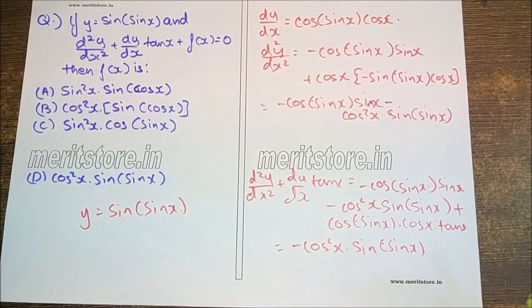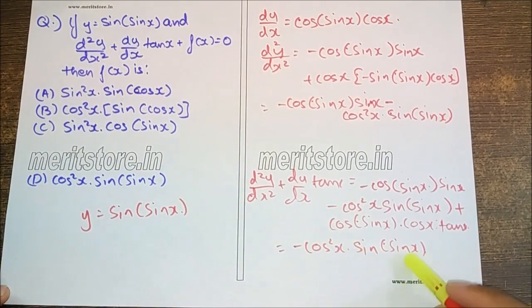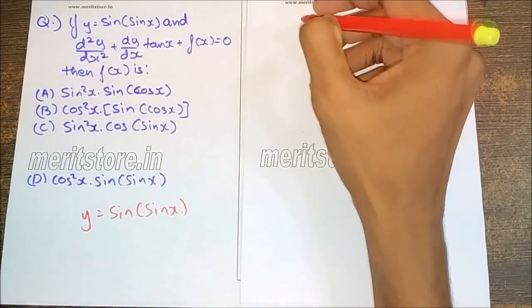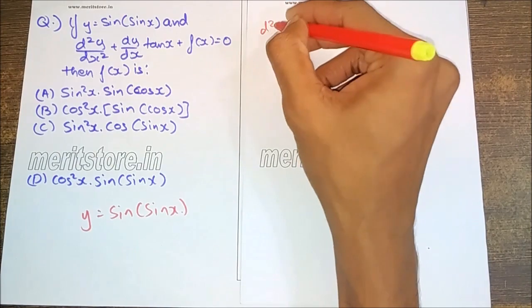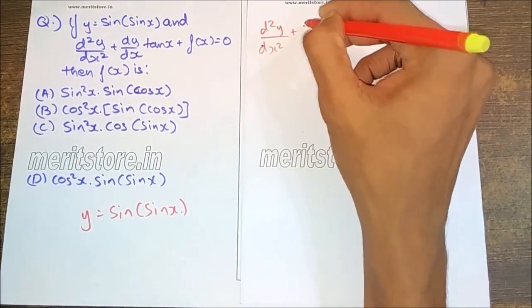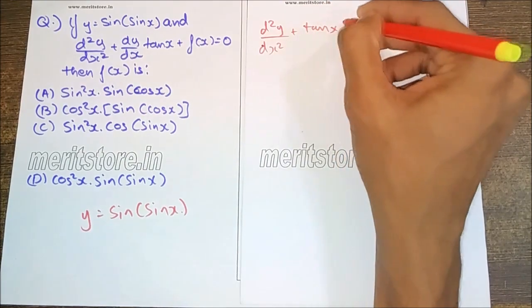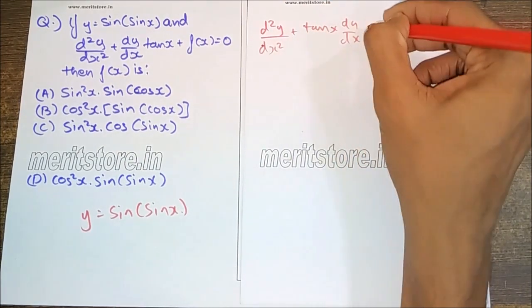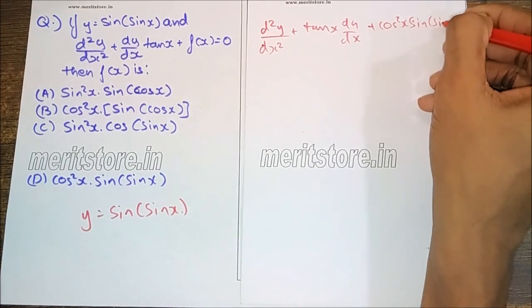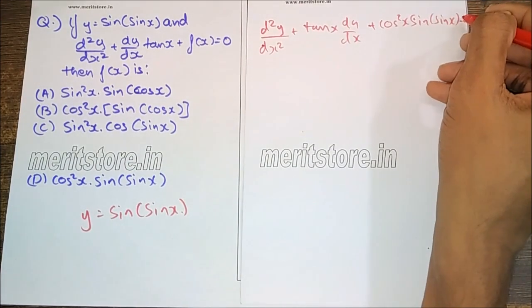Further, we shift minus cos square x into sin x on the left hand side. So we get d square y upon dx square plus tan x dy by dx plus cos square x into sin sin x, which is equal to 0.